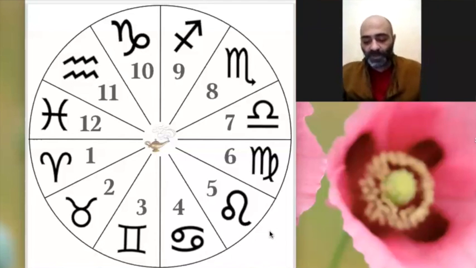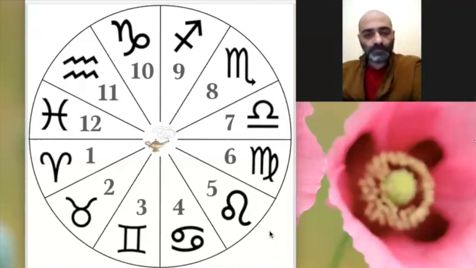I want to echo exactly what you have said, that the first house is the beginning. Because it's the beginning, it represents, like Ali had said, the head. Aries represents the head, and each of the signs and houses correlates to a specific part of the body. But the one is the self. It is the persona.